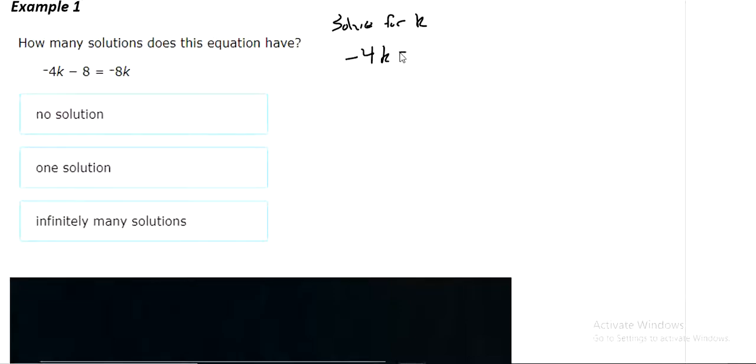We have negative 4k minus 8 equals negative 8k. You might be even able to pause the video and do this on your own, or you might remember your steps. So step 1 is to simplify. There's nothing I can make shorter though, so I move on to step 2, which is to get k on only one side of the equal sign. I'm going to choose to do that by moving negative 4k. I'm going to be adding 4k to both sides.